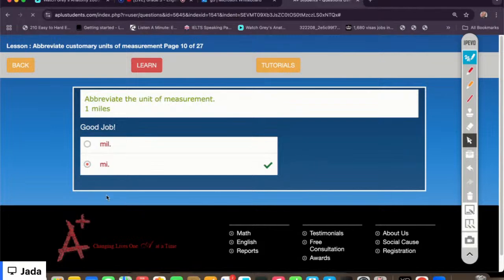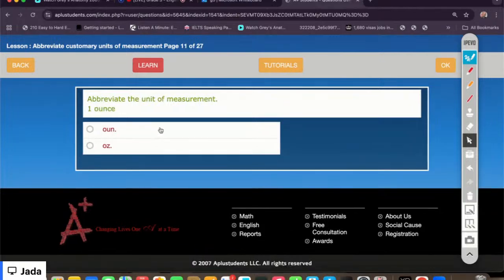Okay, good job. So we have 1 ounce. What is the abbreviation for the 1 ounce?